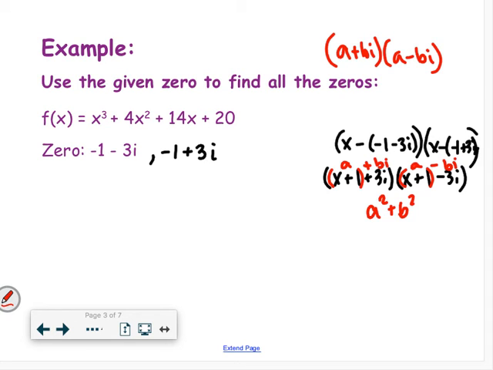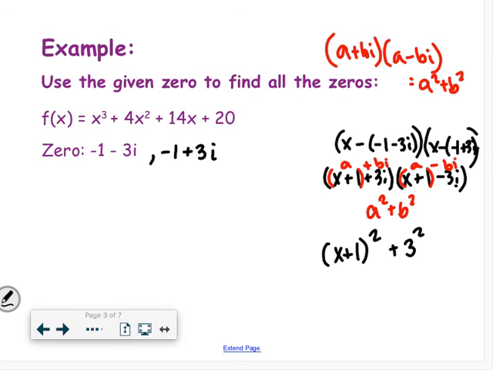If you multiply a plus bi times a minus bi, it will always, we did the work once, it will always come out to a squared plus b squared. So if you can identify an a and a b, then you can just sub those things in. So what's my a? x plus 1, and then I gotta square it. What's my b value? 3. So it would be plus 3 squared.